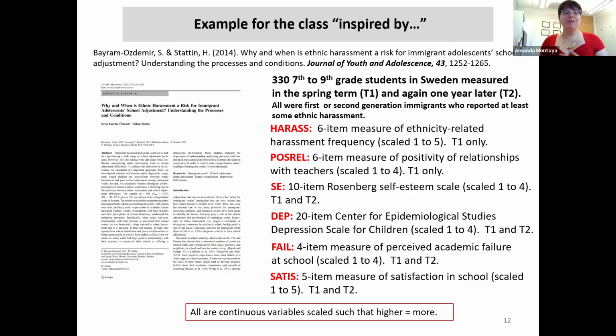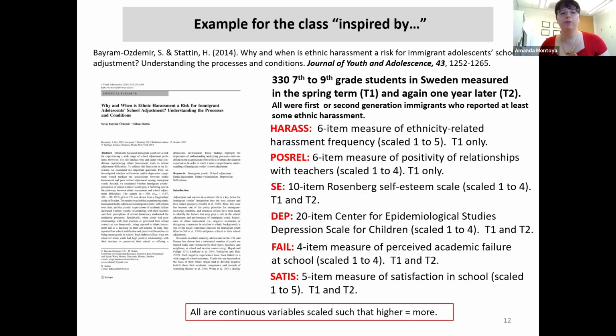The data that we're looking at is 330 cases, 7th to 9th grade students in Sweden. They're measured at 2 time points, once during spring term, and then again a year later. All of the students that were measured are first or second generation immigrants who reported some level of ethnic harassment, especially while at school.